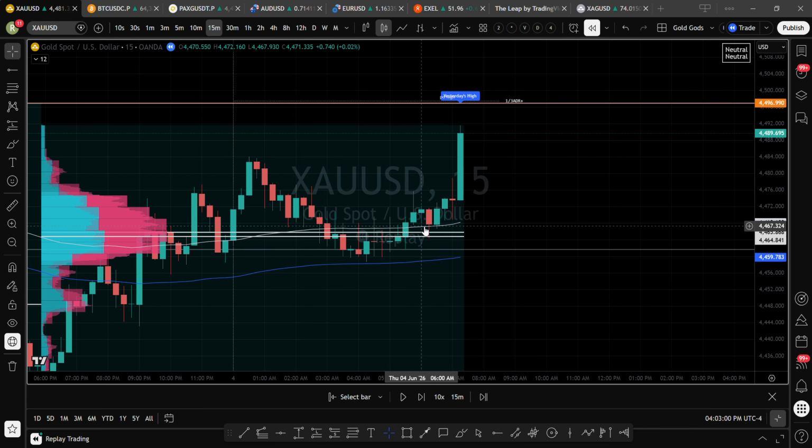Guess what? It's too late. Don't chase it. You see this long candle? If it was a little short candle like here, I'd be like, cool. But this long candle right here, you can't chase that.